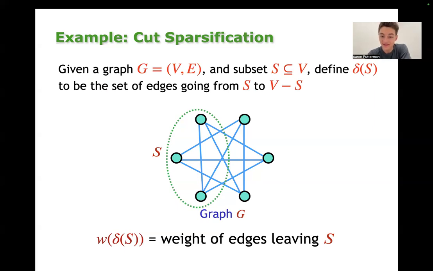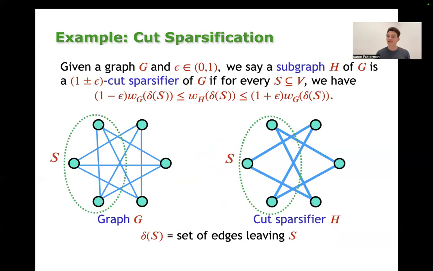We can then define the size of the cut defined by the set S, which I denote by W of delta of S, to be exactly the weight of all the edges that are leaving the set S. You look at all these edges that are leaving S, and then W of delta of S is just the sum of the weights of all of these edges. And this is enough to define something that we call a cut sparsifier.